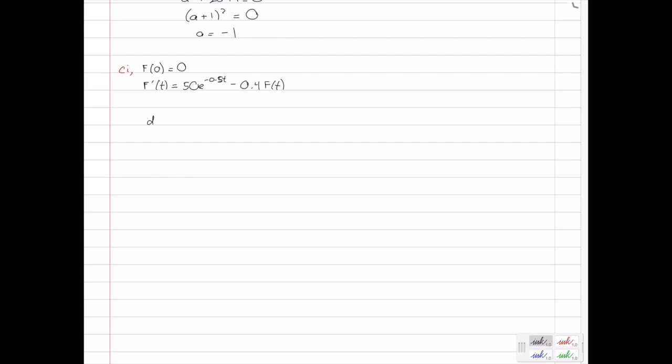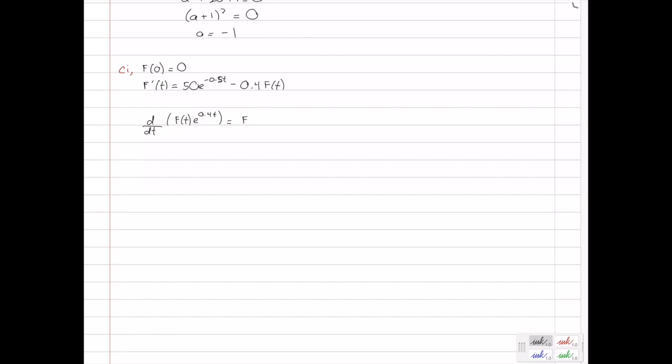So let's do that. d/dt of f of t times e to the 0.4t. So here we have something times something else, and we want to differentiate that. So that means we're going to use the product rule. We differentiate the first.